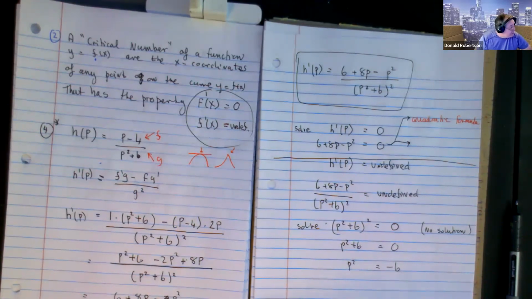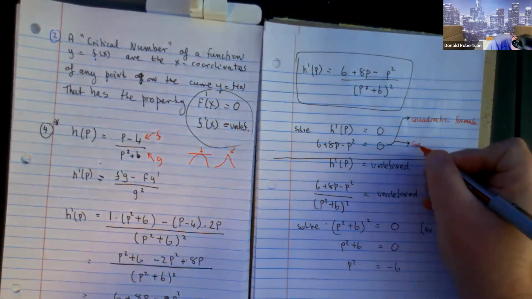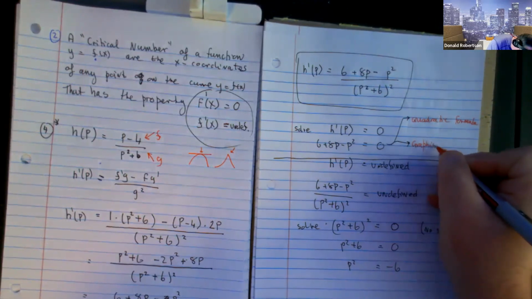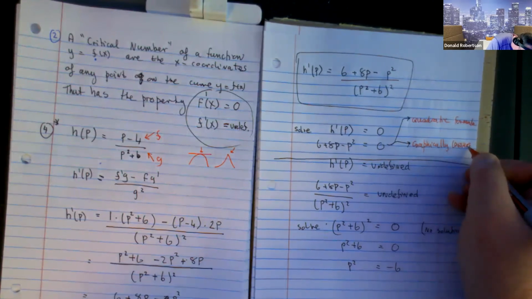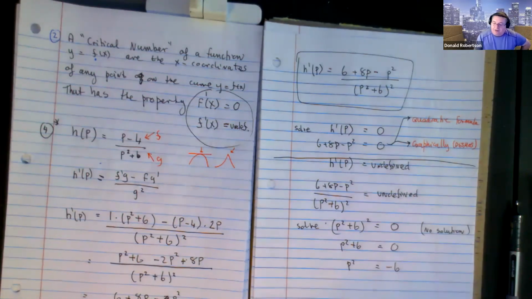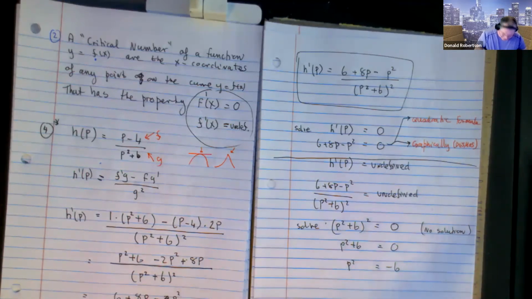There is a lovely piece of software called Desmos that you can sometimes use to get this answer. Now, the reason why I'm saying sometimes is that we want the exact value here.